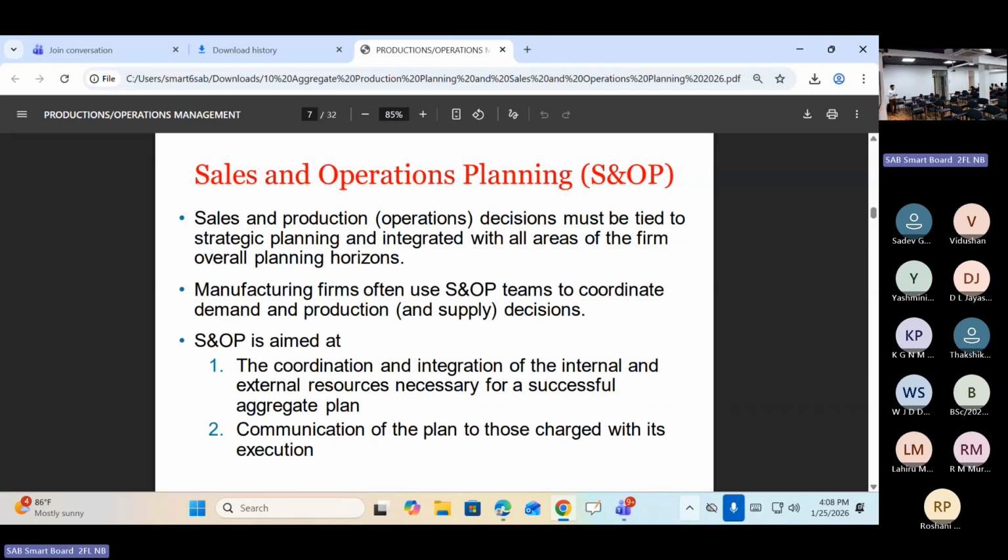Not only the plan, when they work together, they can easily communicate between the departments so that the agreed production quantities, production plans, and other details are communicated to all parties involved. They jointly design it, so executing the plan is easier and more practical. They can easily execute the plan.